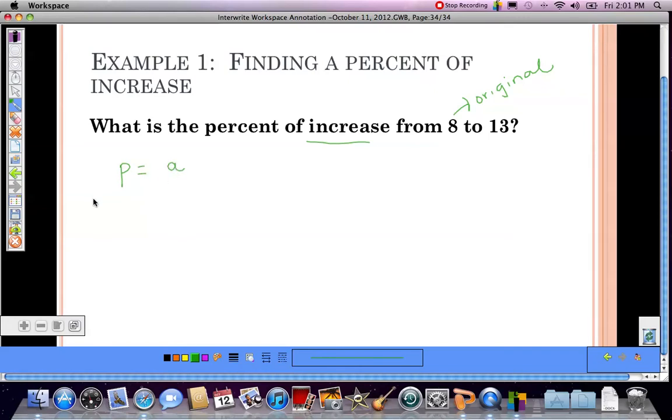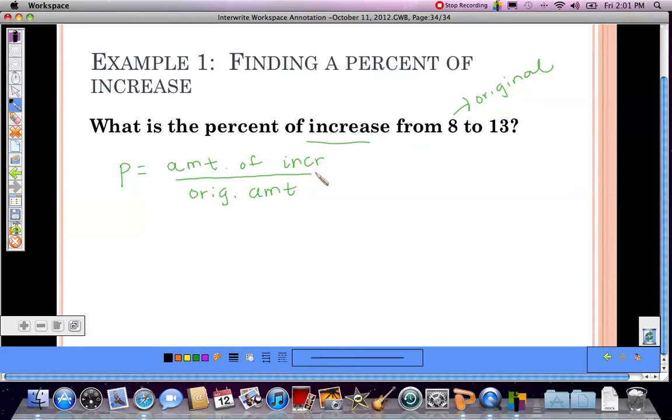The percent of increase is going to be equal to the amount of increase divided by the original amount. So let's fill in the things that we know.